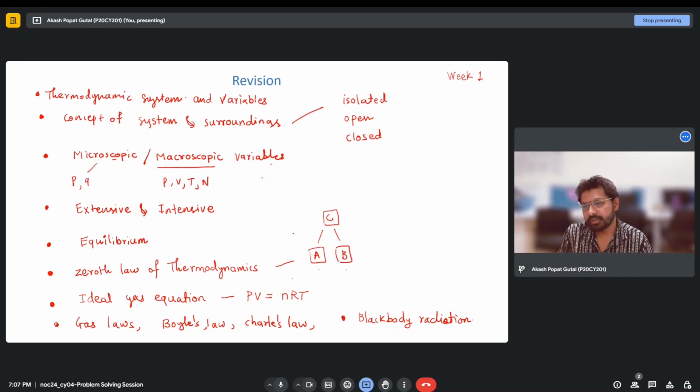Then we have seen what equilibrium is, how to define equilibrium, and the zeroth law of thermodynamics. After that, we have seen the ideal gas equation, PV is equal to nRT.